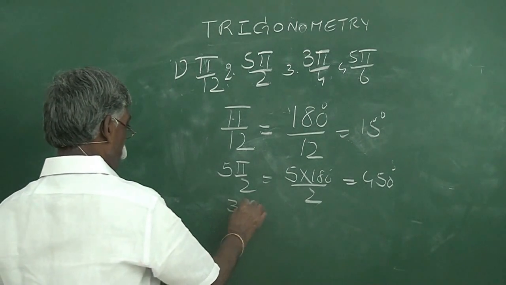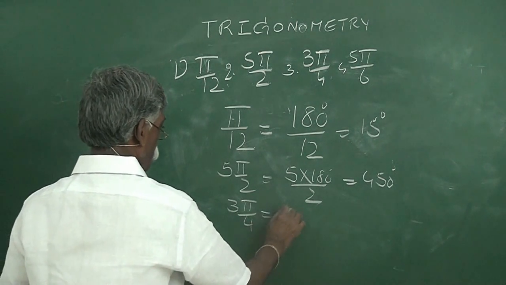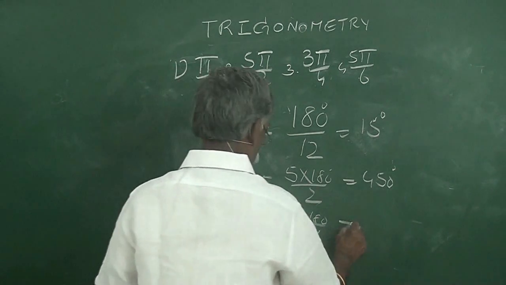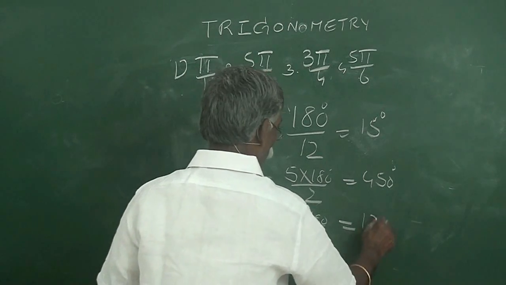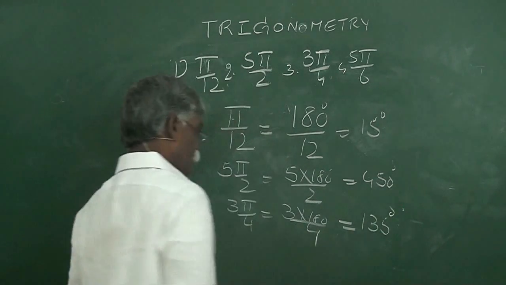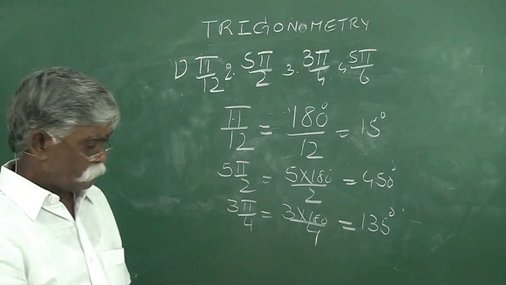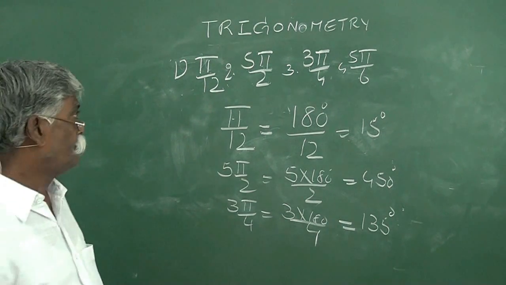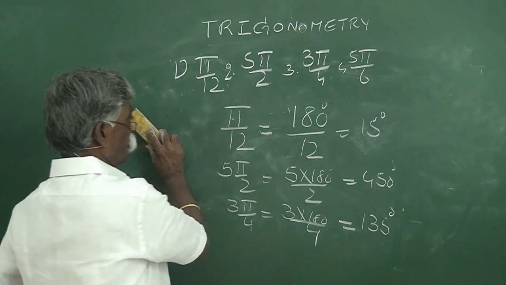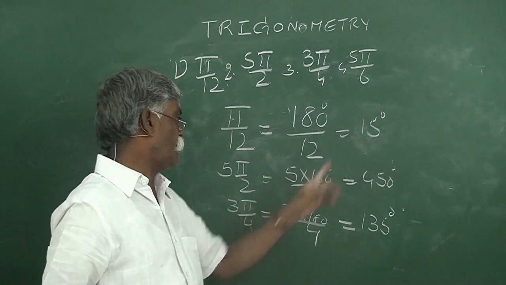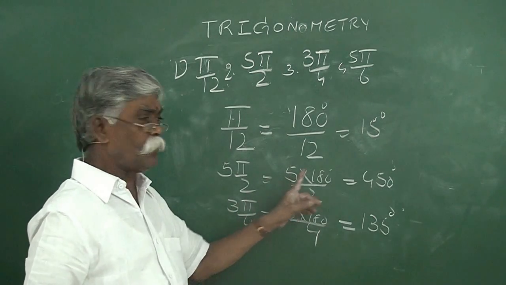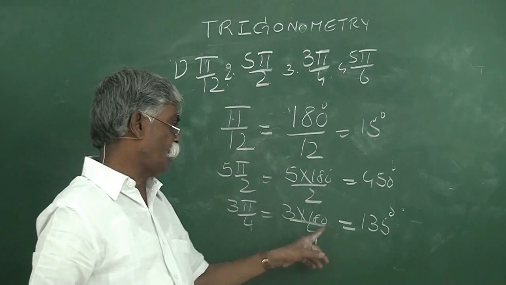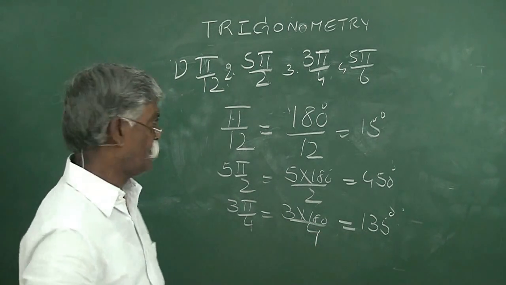Now 3 pi by 4, this is 3 into 180 by 4 degrees. Therefore this is 135 degrees. So pi by 12 is 180 by 12, 15 degrees. 5 pi by 2 is 5 into 180 by 2 equal to 450 degrees. 3 pi by 4, 3 into 180 by 4 equal to 135 degrees.